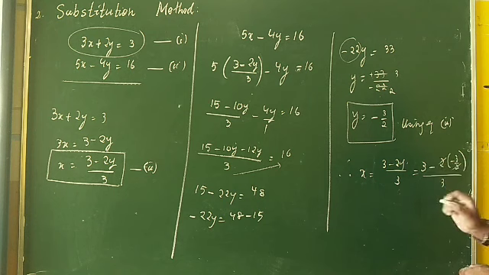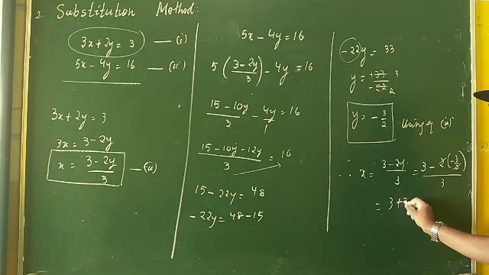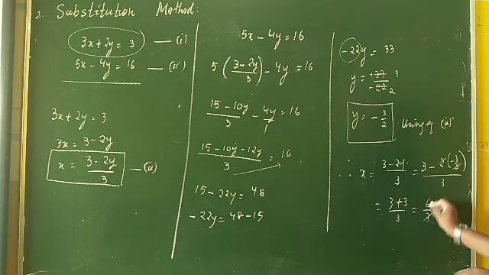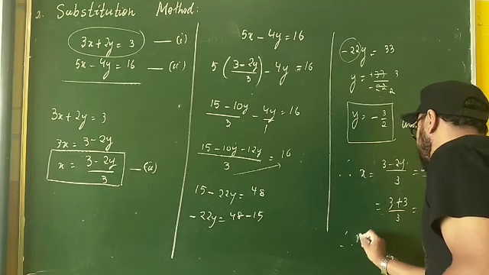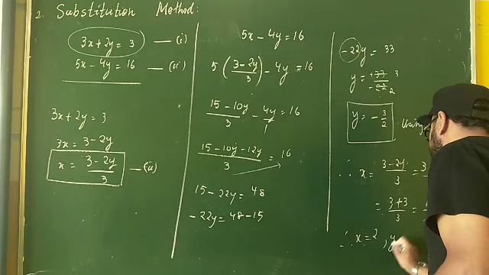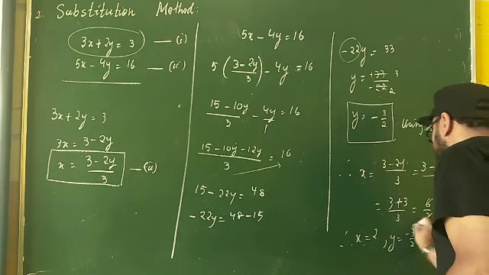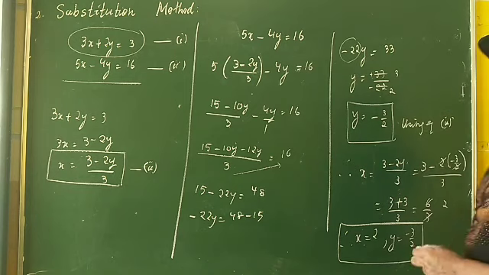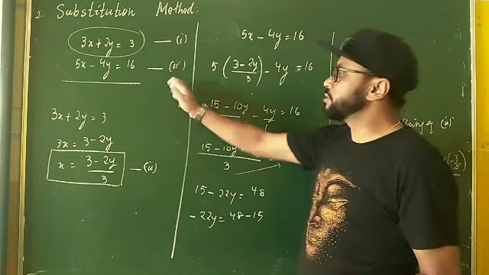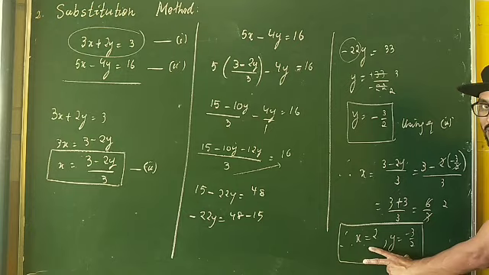Now 2 and 2 will get cancelled. So 3, now minus into minus is plus 3, divided by 3. So 3 plus 3 is 6 by 3, which is 2. So therefore x is equal to 2 and y is equal to minus 3 by 2 is the answer. Whichever method you use, the answer will be the same.